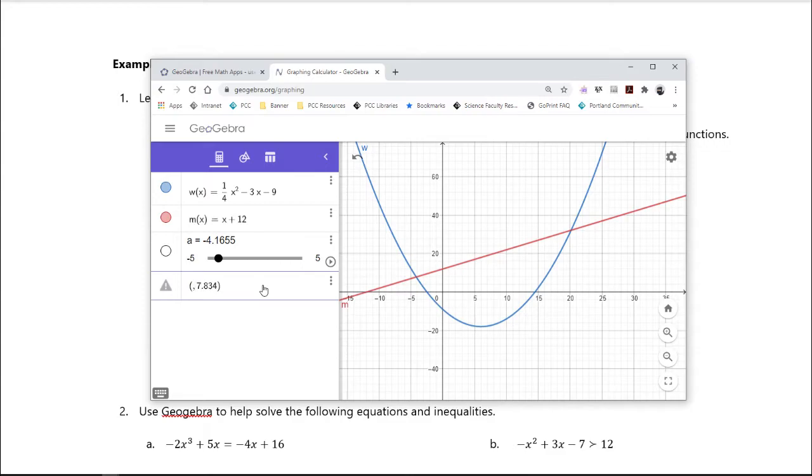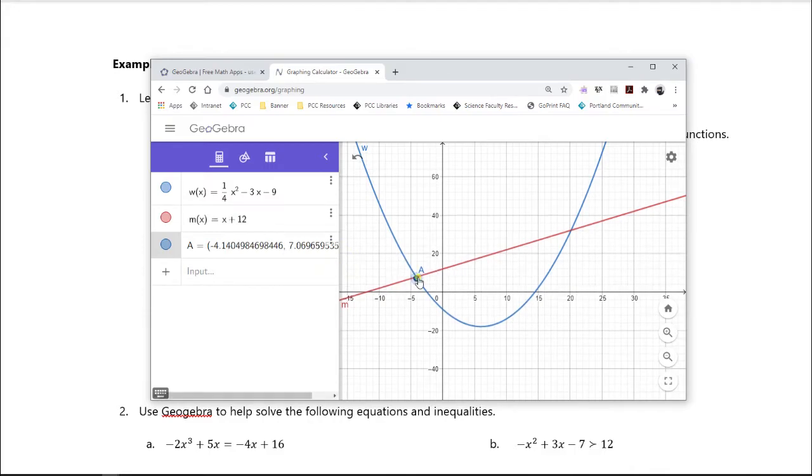You might write it down just to help yourself. Then we got that x value was negative 4.1655. And then I can delete this, and I've got that point. I can click on that point, click the AA, and instead of showing the label, we can show the value, and that will keep that point in position for us.